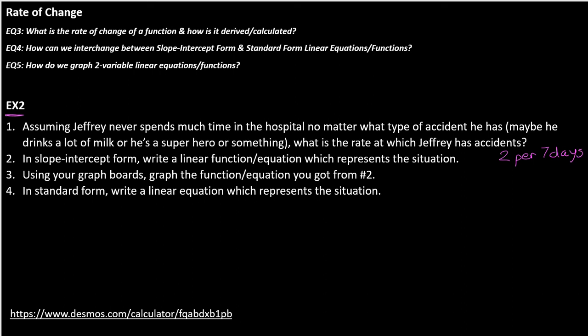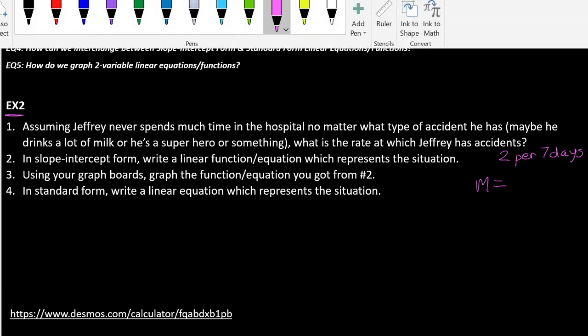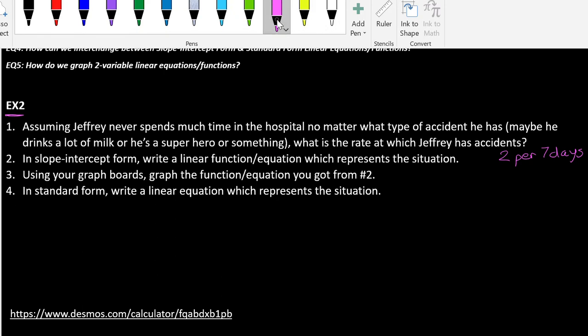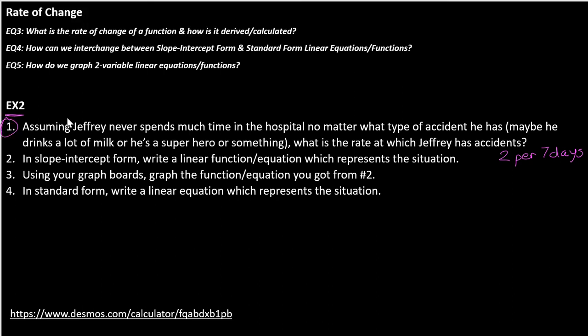And we know that slope or rate is... actually, I think we can stop there, because it doesn't ask us to find slope yet. So our answer for number 1 is 2 per 7 days.